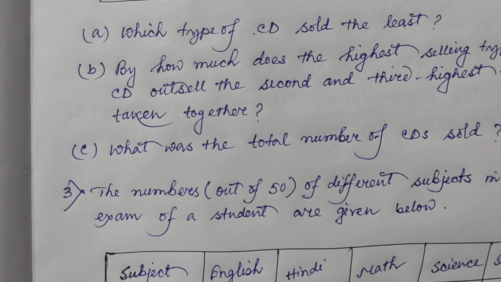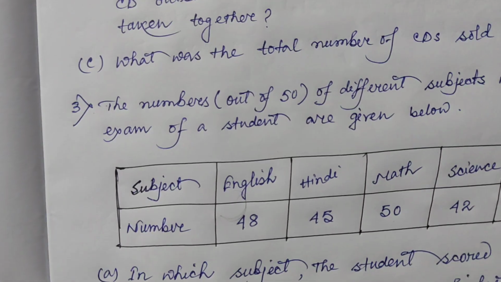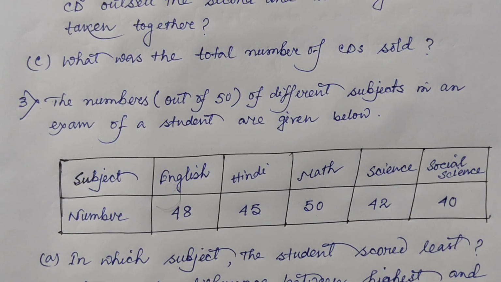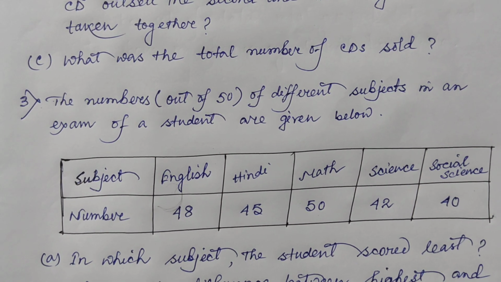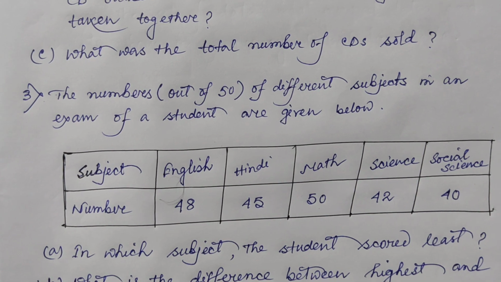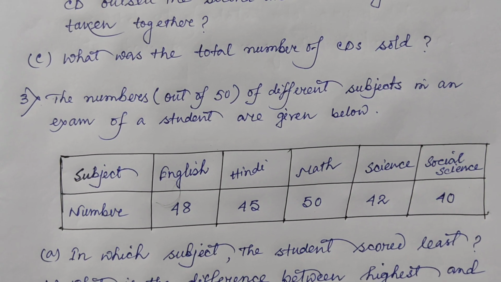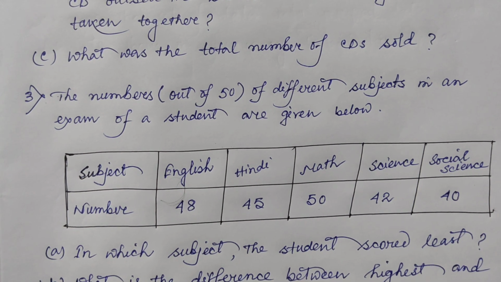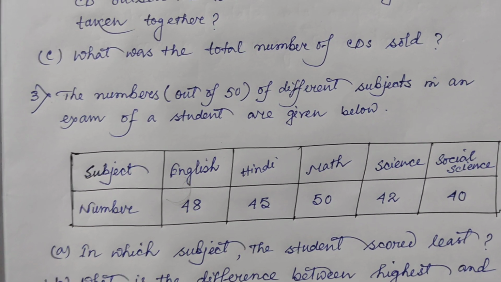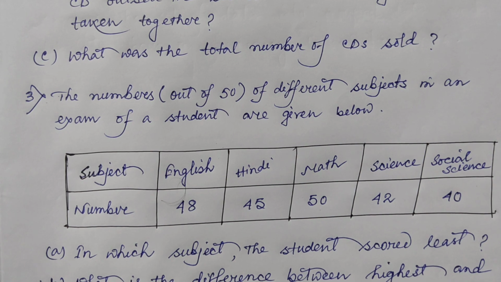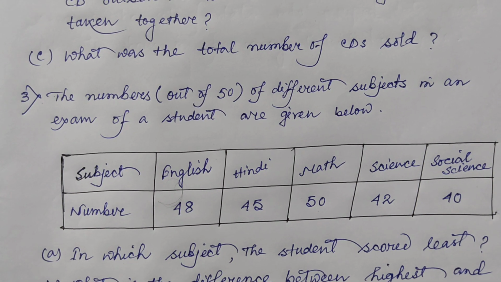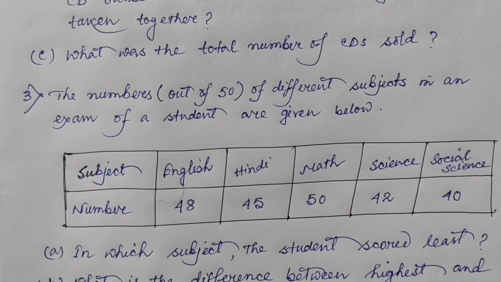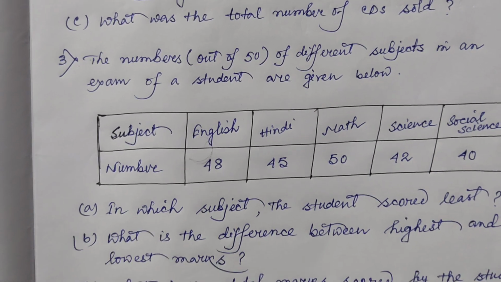Now question number 3, the marks out of 50 in different subjects in an exam of a student are given below. You can see here the subjects are English, Hindi, math, science, social science. And the marks: English 48, Hindi 45, math 50, science 42, social science 40.